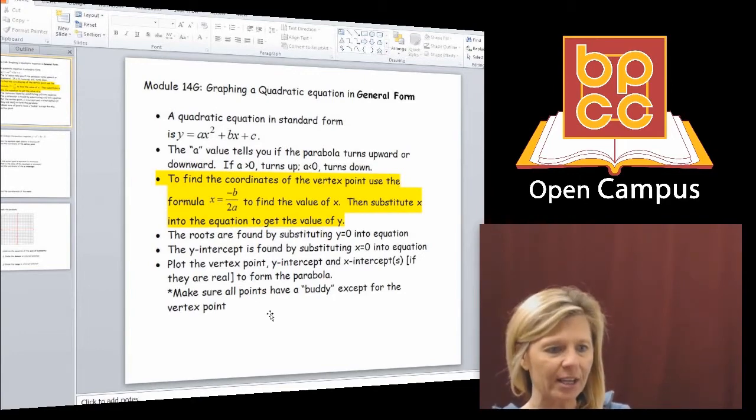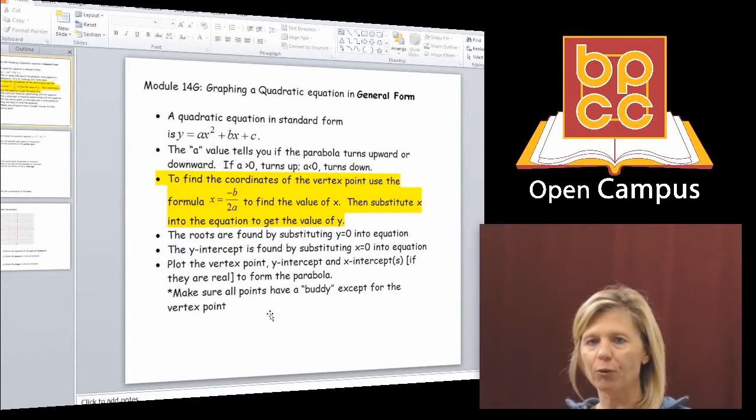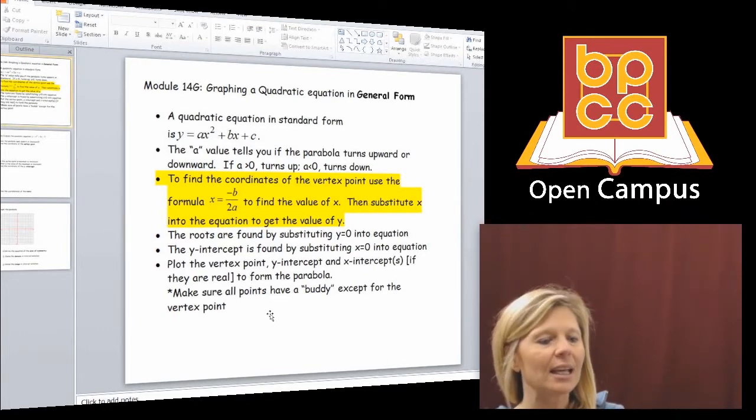There are two things you have to get out of that equation. The first thing is if it turns up or down. That will always be the a value. If you look at this equation in general form, yes, it still has an a value.